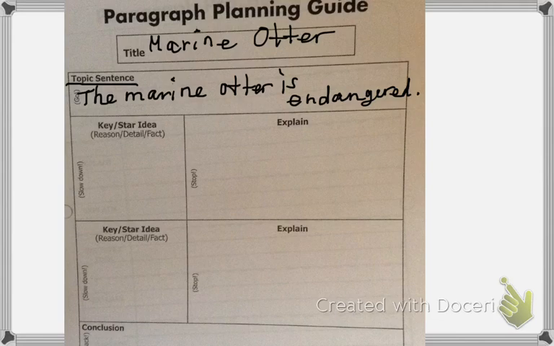So I'm going to say the marine otter is sometimes called a sea cat.